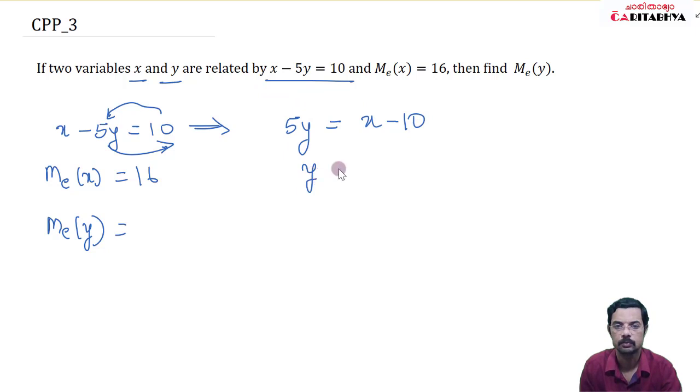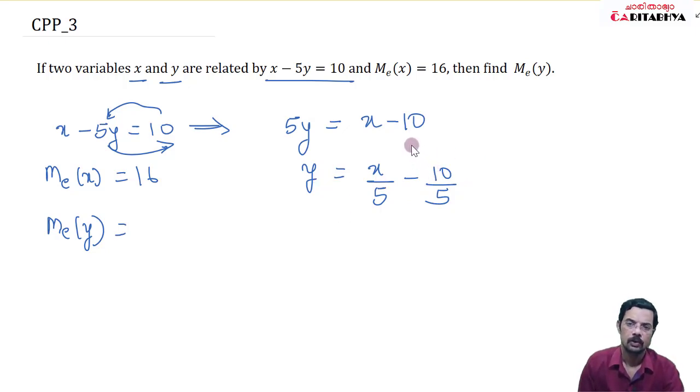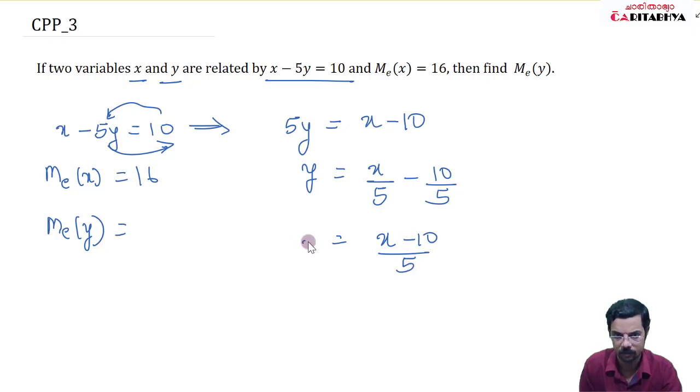So y becomes equal to x by 5 minus 10 by 5. Okay, this is the expression. So we can write this as x minus 10 divided by 5 equal to y.